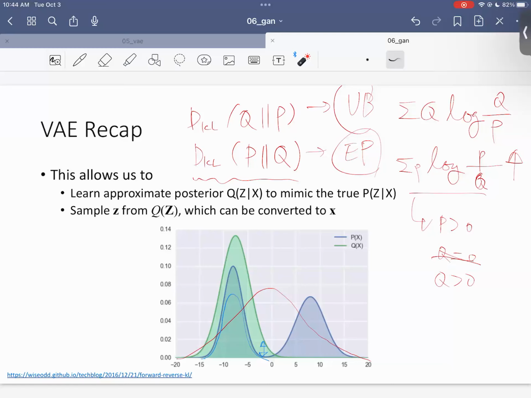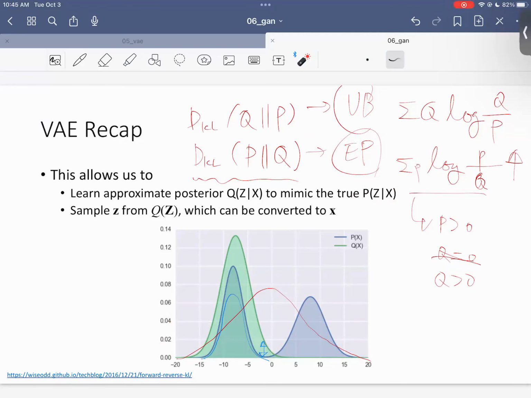If you use PQ, it'll try to cover all support of P, and if your true P is bimodal or multimodal, it will inevitably lead to a big gap between the two, but it won't miss any support.